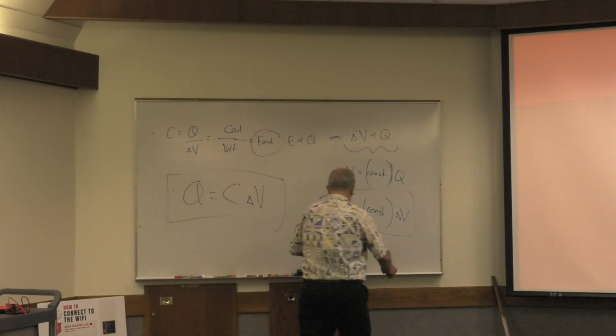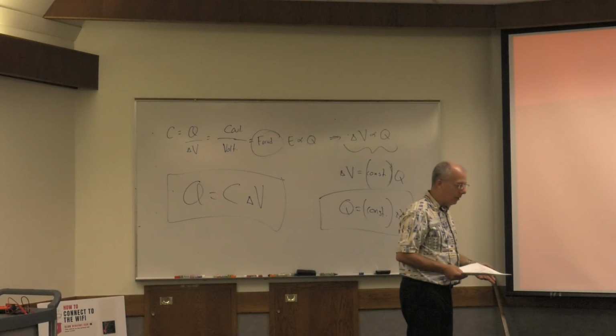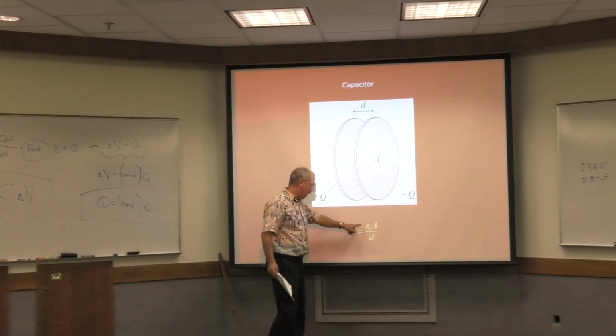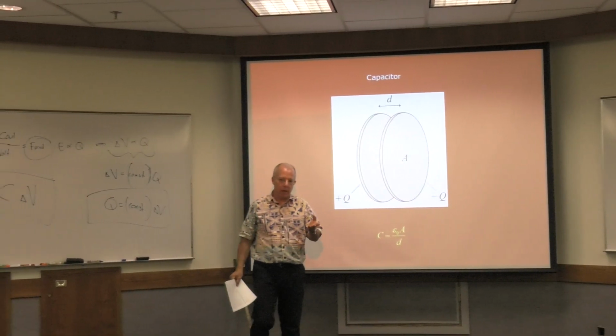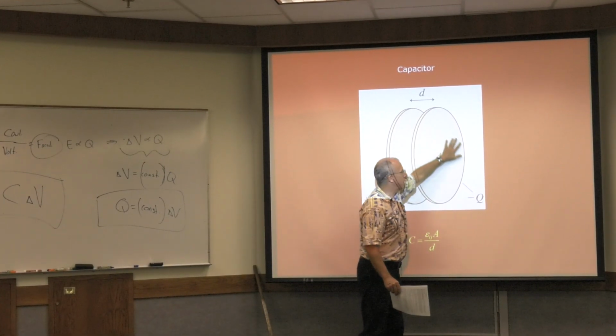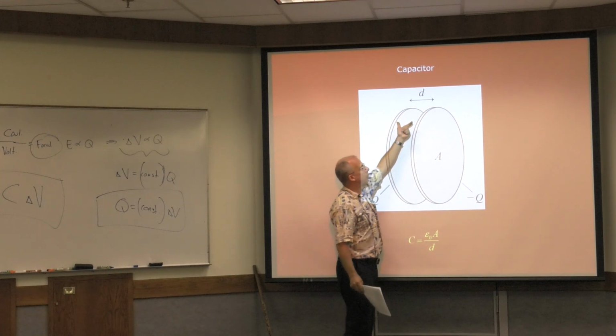This is the formula for the capacitance of a given capacitor. There's our epsilon zero again, that constant you always see with electricity. A is the cross-sectional area, and d is the distance between the plates.